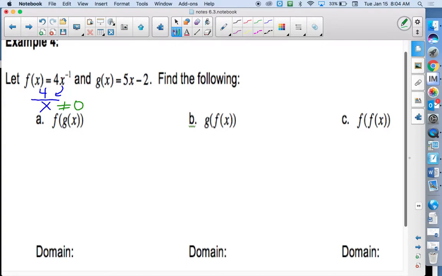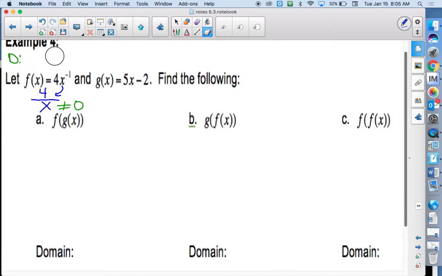So what would the domain of this function be? If we have 4 over x, what's its domain, Julia? Parentheses 0, comma, infinity, parentheses. That's half of it. What's the other half? Negative infinity, comma, 0, parentheses for both. Yes.